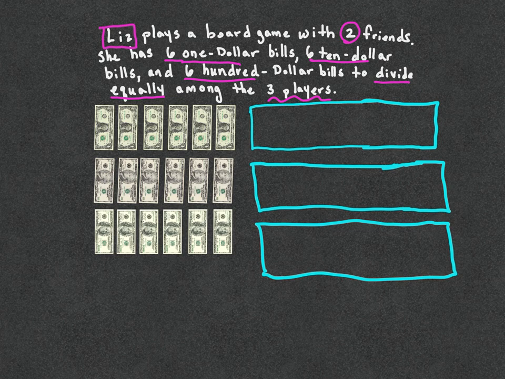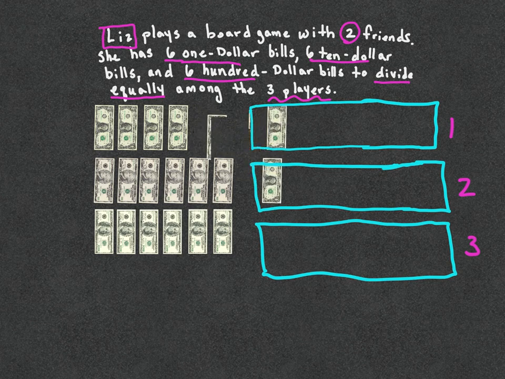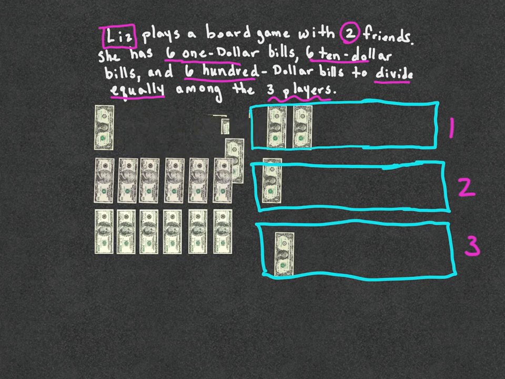So I'm going to create a picture here using these 3 boxes, and each one of these boxes is going to represent each player. And I'm going to take each one of these bills and place them equally among the 3 players. So I'm going to take one of the bills and place them in each one of these boxes, dividing them up equally so they all fit.